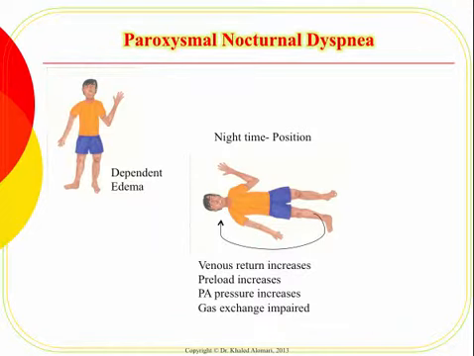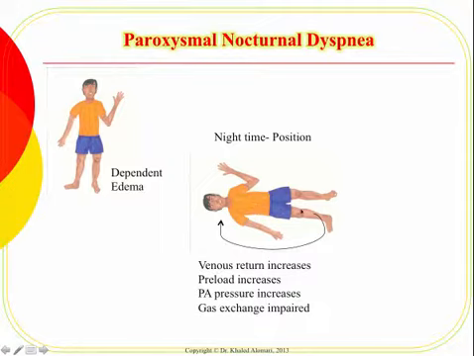The other symptom is called paroxysmal nocturnal dyspnea. So basically, this is when the patient during the day is standing. The edema is dependent, and because of the gravity, it stays away from the heart or from the lungs mainly. When the patient goes to bed to sleep, because of this position, the peripheral edema, because again of the gravity, starts going back.